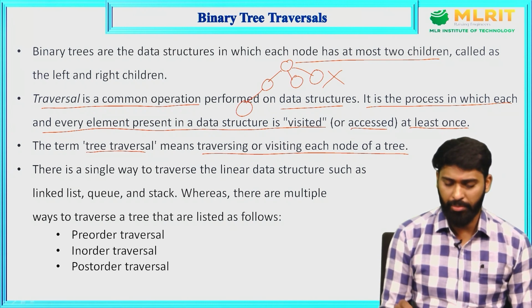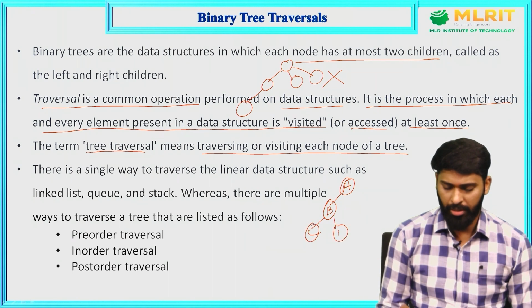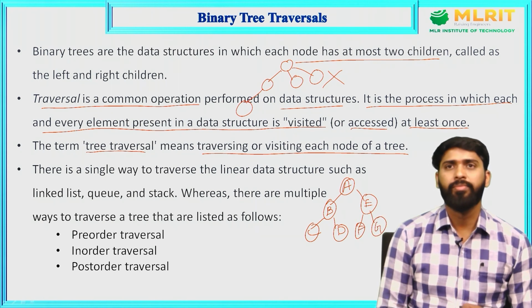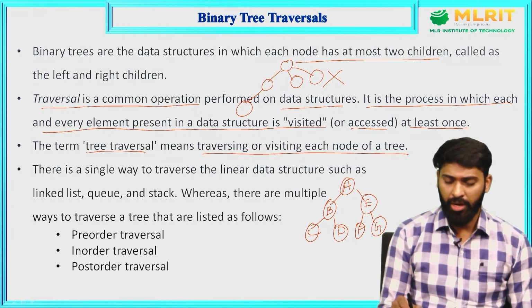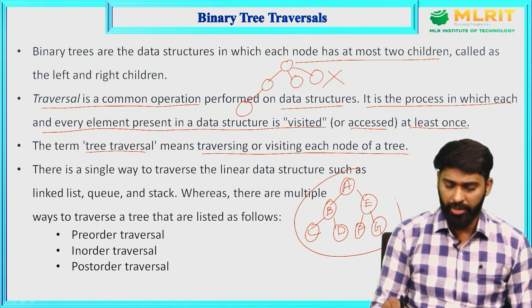For example, this is the tree A, B, C, D, E, F, G. Now, tree traversing means visiting all these nodes in the tree.